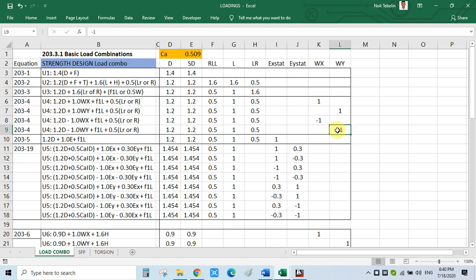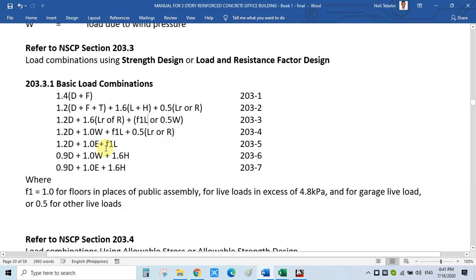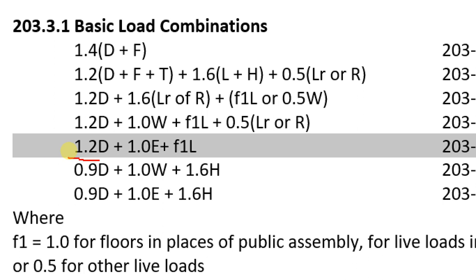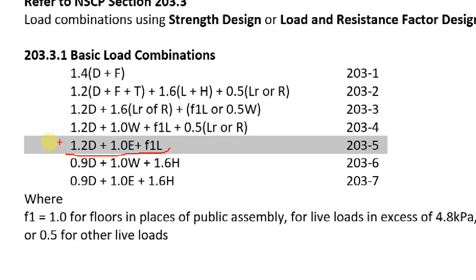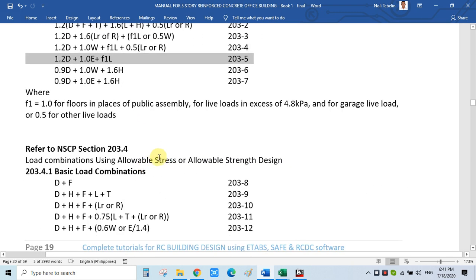So, this is gravity load plus earthquake. But we will use the special seismic load combination. So, dito. Instead of using 203-5, we will use this 203-19.